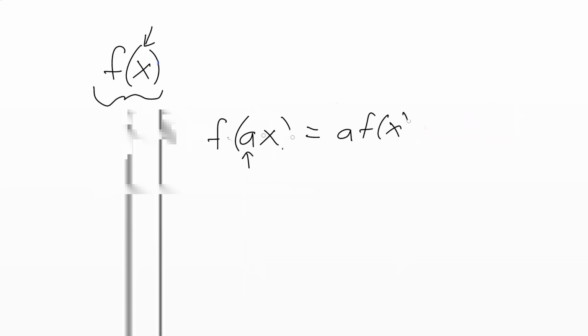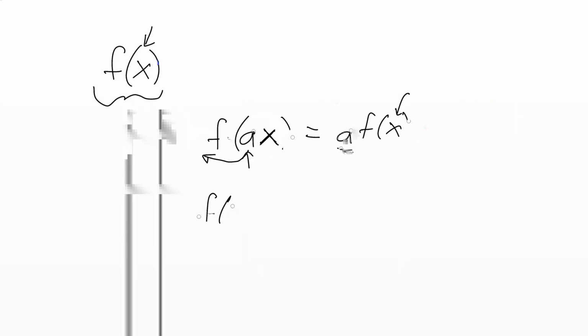So in other words, if we're taking f of something times a variable, really that constant factor can simply be factored out and used to multiply the result. So all we need to do is figure out what f of x is, and then we know what f of ax is for any value of a, because we can simply perform this multiplication outside of the function.